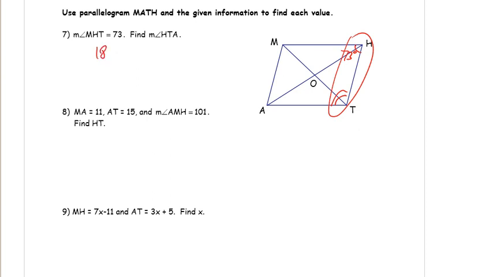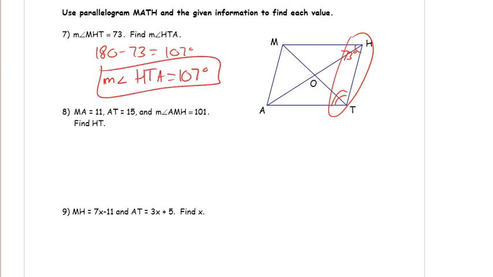So 180 minus 73, that's going to be 107 degrees. So measure of, let's rewrite that. Measure of angle HTA is 107 degrees.